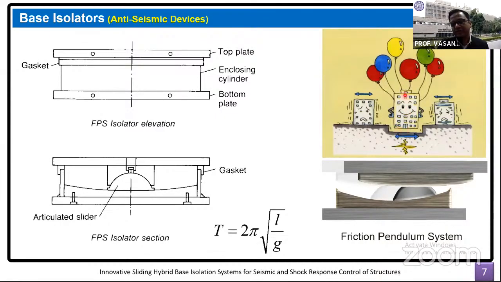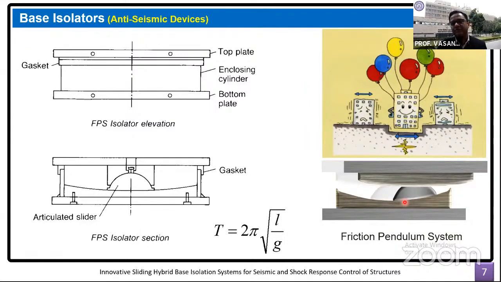So instead of using hydrogen balloons which can lift the structure, we interpose a layer, and in this case we are talking about a conventional friction pendulum system, which has a single curvature here. It consists of an articulated slider, which moves on top of the bottom slider here, and the curvature of this will give you the time period that we can achieve.